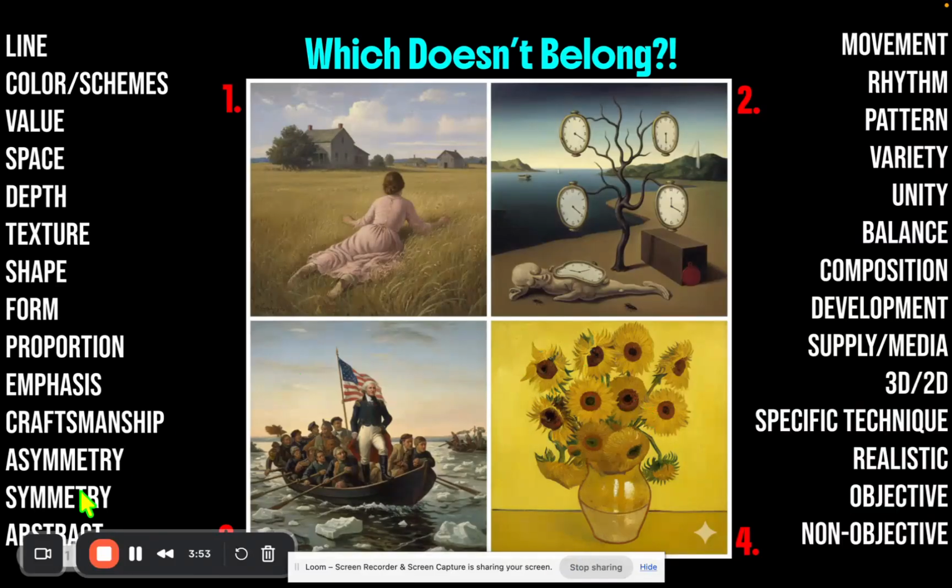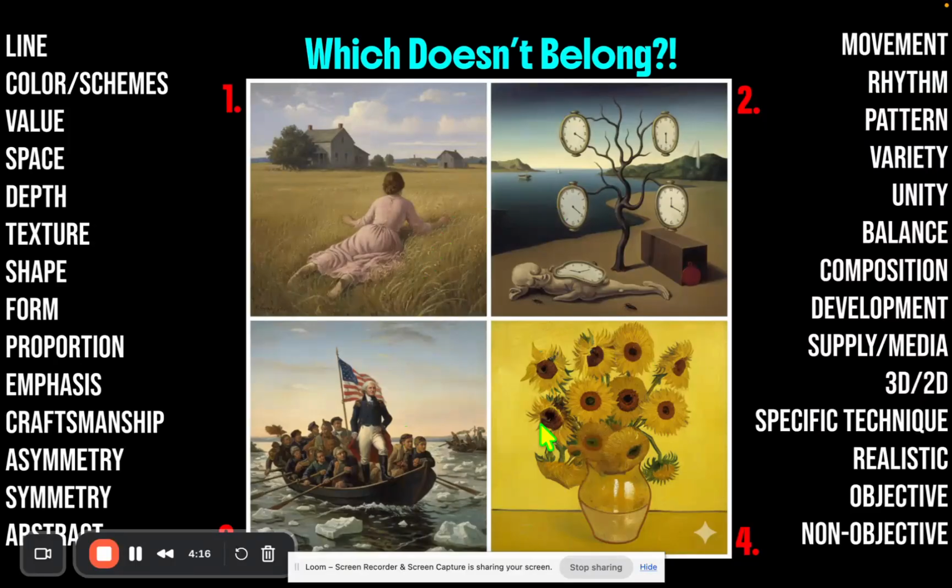If you don't remember, there's symmetry and asymmetry in artwork. Symmetry is something that looks like it's the same on both sides if you can divide it down the center. Now, while this is not perfectly symmetrical, it's pretty much centered and gives the piece a very symmetrical appearance compared to the rest. The rest of these are very asymmetrical compared to this one.